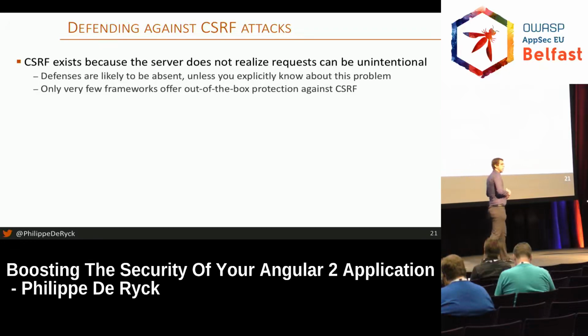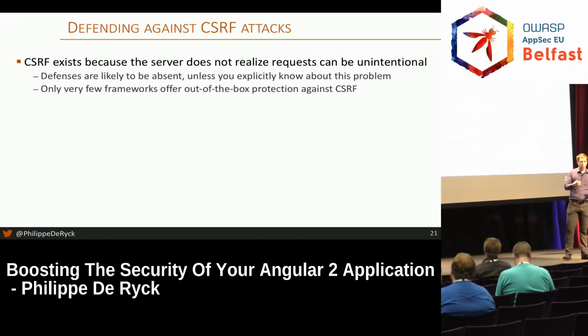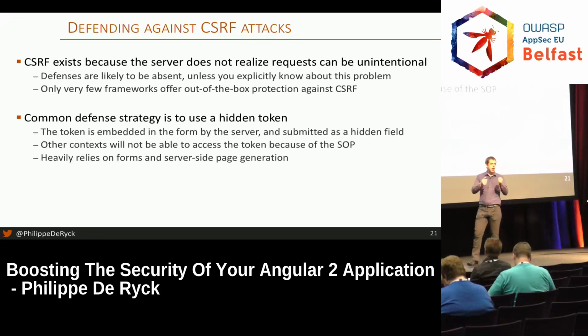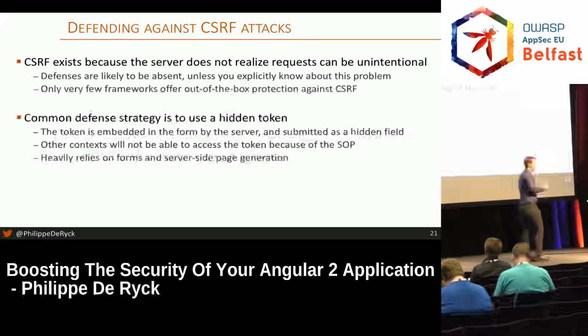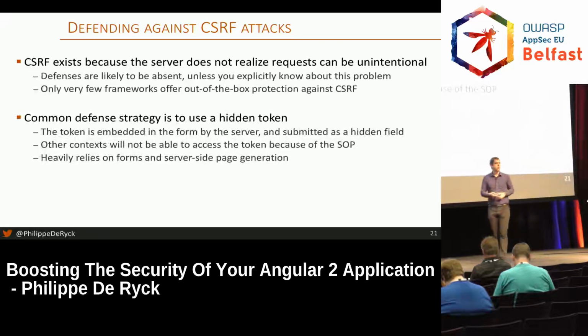So, how do you defend against CSRF? The common defense, we've known about CSRF for a long time, by the way. This is not new. We've known how to protect against CSRF as well. And the common defense is essentially hiding a little token into the form, a hidden form field. You give it to the browser when you request the page, and you check when the thing comes back whether the token is still there, and then you know it's a legitimate submission.